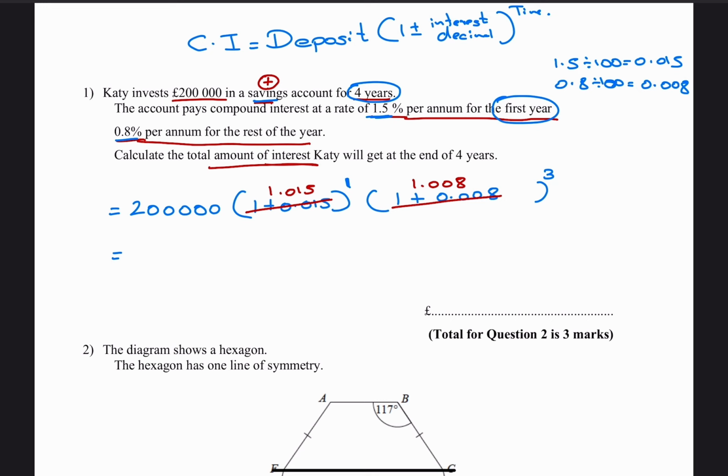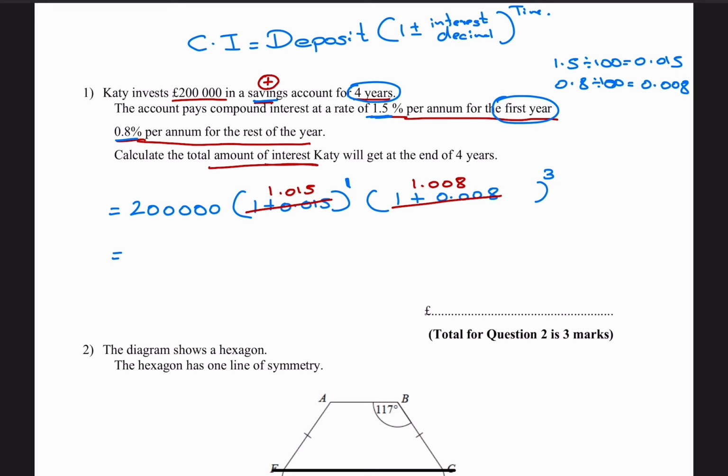Okay, so if I just plug that into a calculator: 200,000, bracket 1.015 to the power 1, bracket again, 1.008 to the power 3.